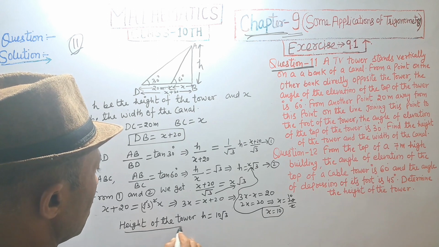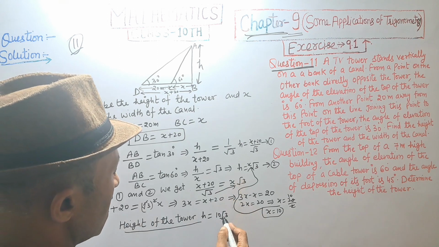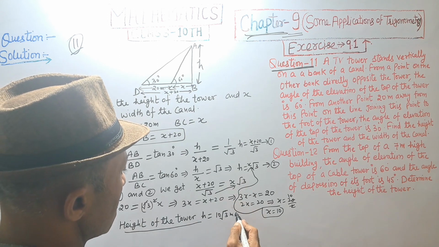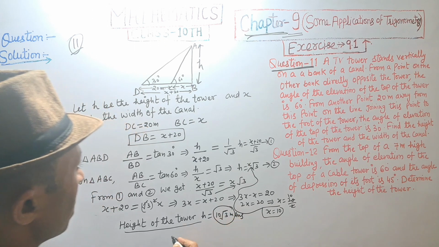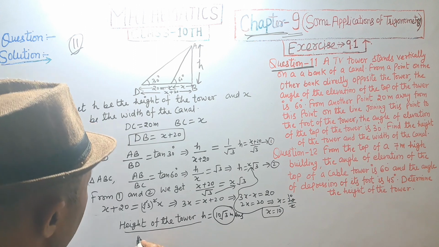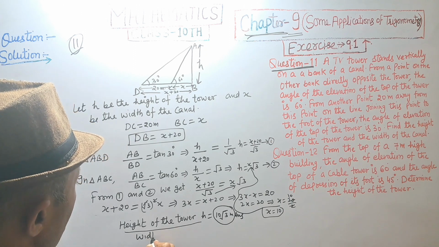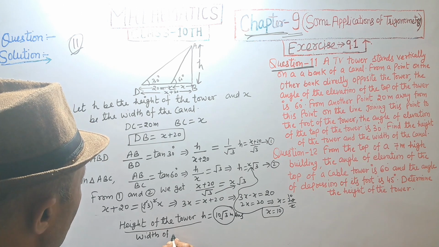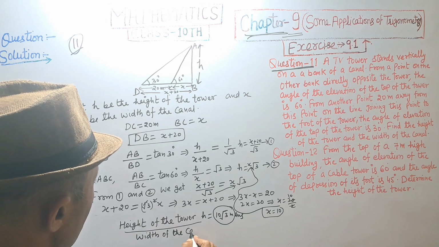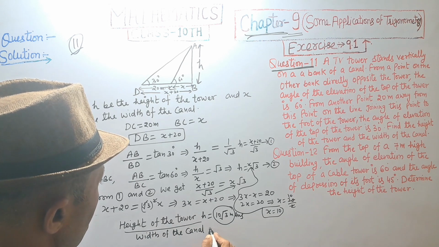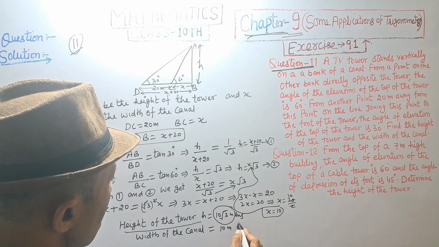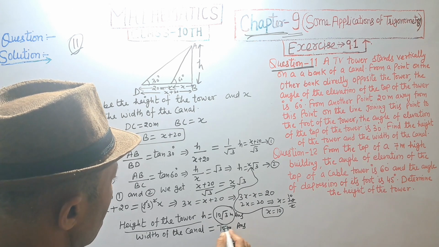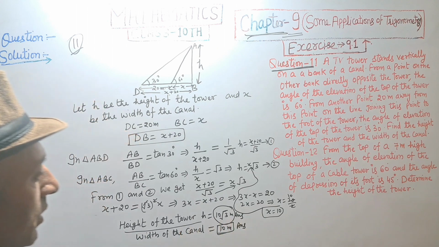We get the height of the tower H equal to 10 root 3 meters, answer. And the width of the canal is equal to 10 meters, answer.